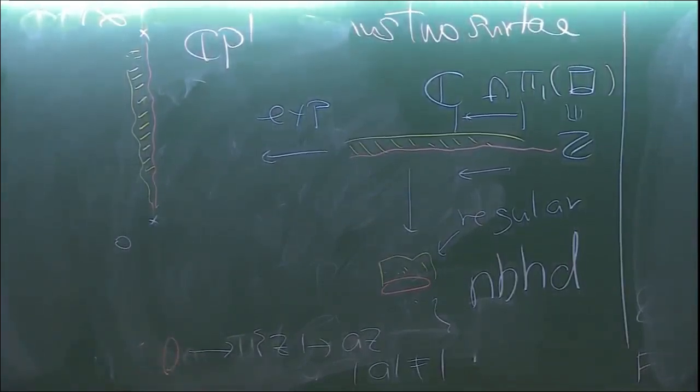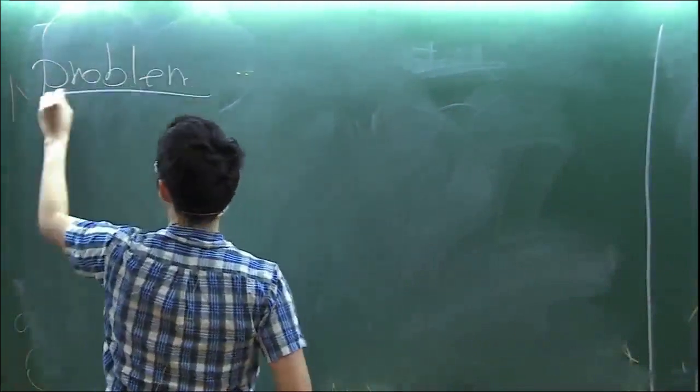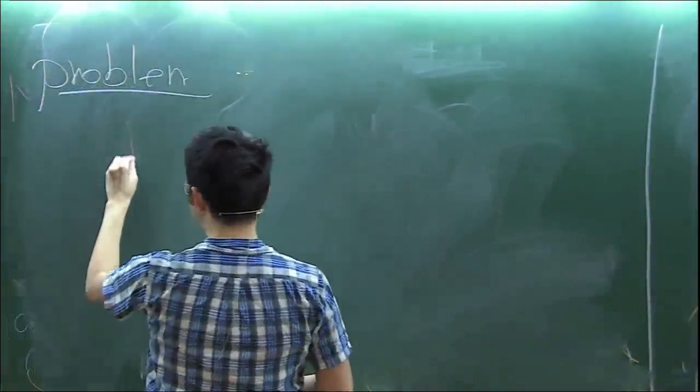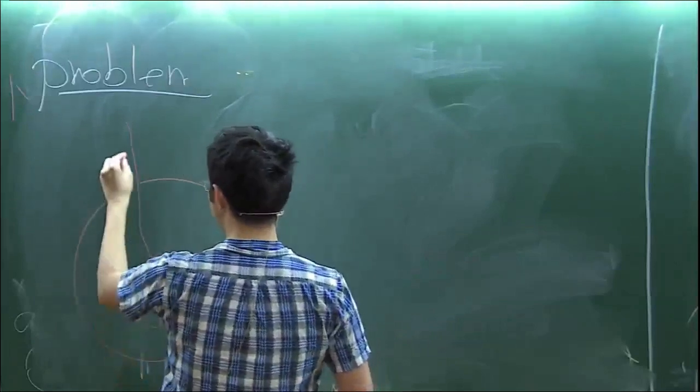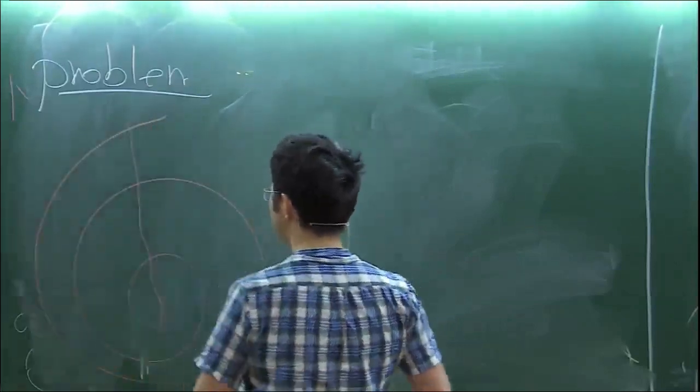So one boundary component might rotate much more than the other. Maybe one boundary component looks like this, and then the other one might go something like this. Okay.